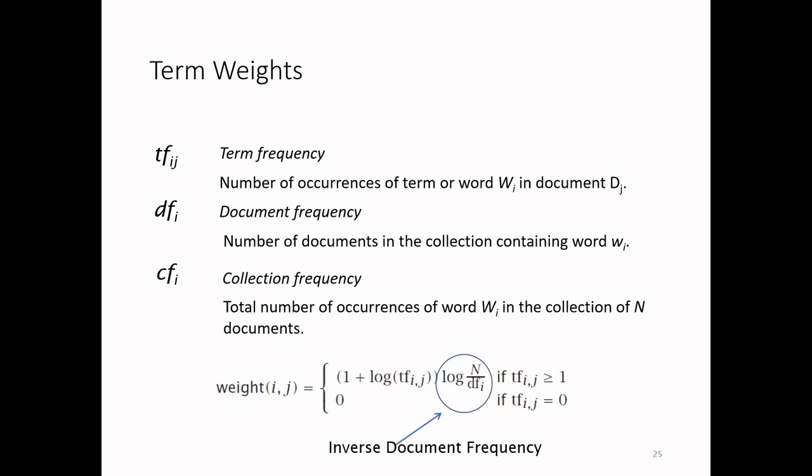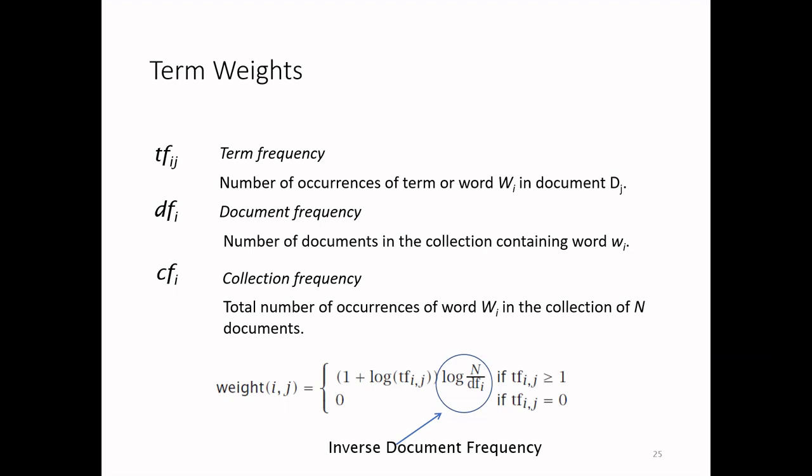Similarly, let us use DFi as the document frequency, which is the number of documents in the collection that have the word wi. And CFi is the collection frequency, that is, the total occurrences of word wi in the entire collection of documents.